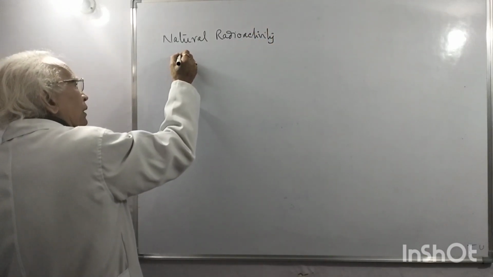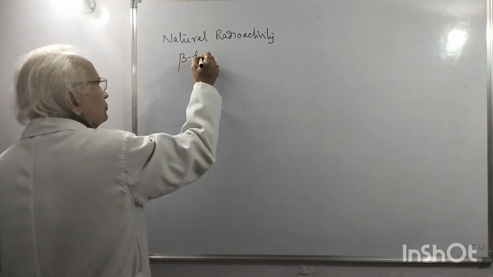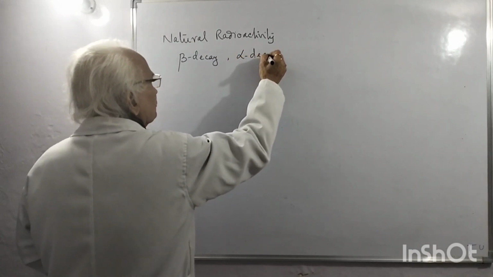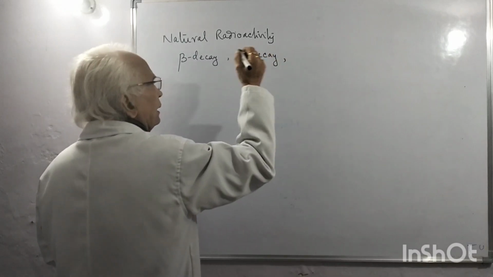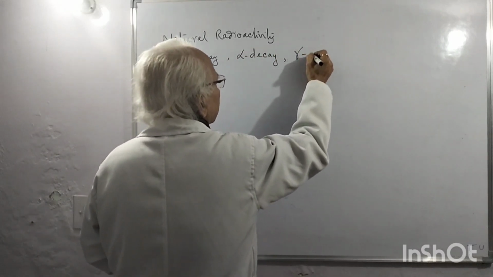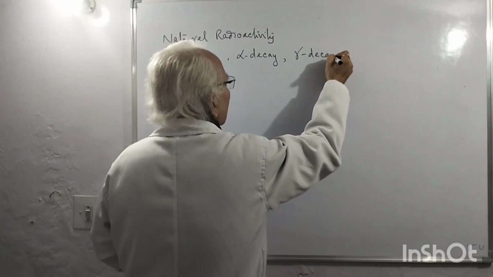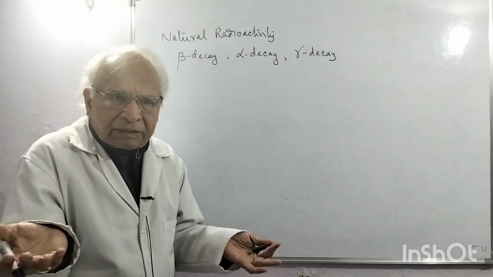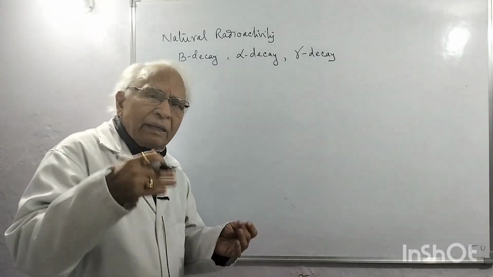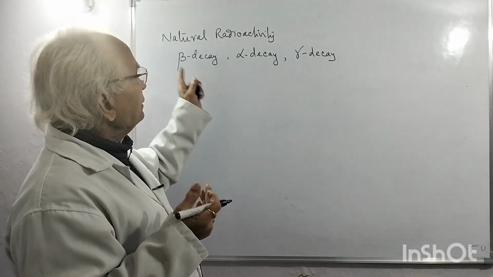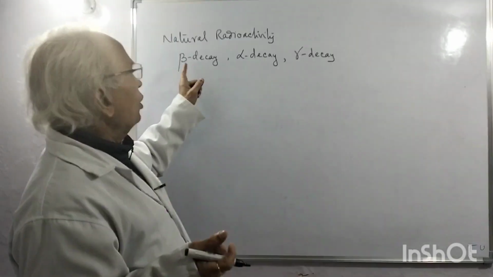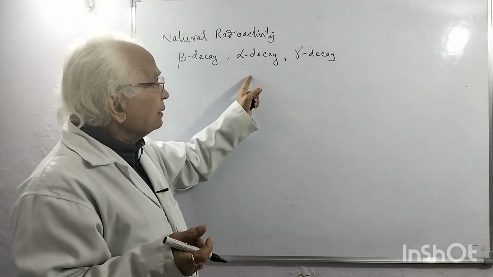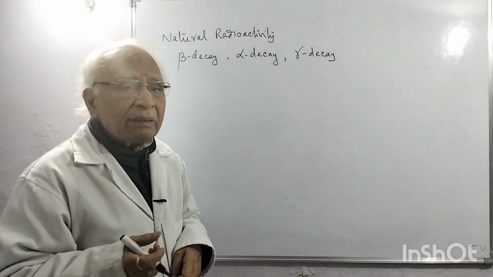One is beta decay, the other is alpha decay, and another is gamma decay. Means in nature the systems are changing, transforming into other systems in a natural way, by emitting some radiations. One category of emitted radiations comes under beta decay, the other is alpha decay, and another is gamma decay.